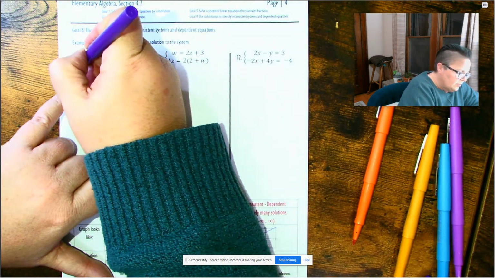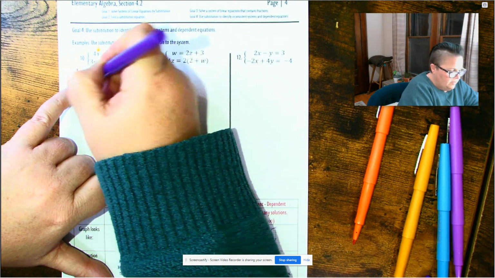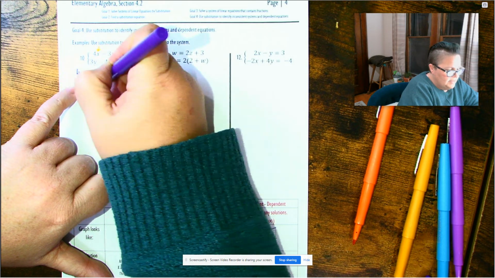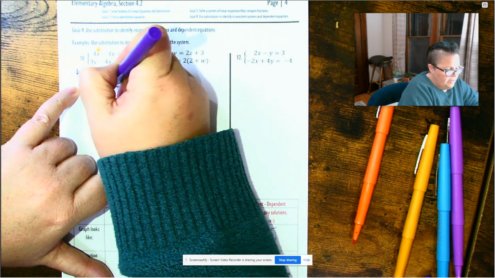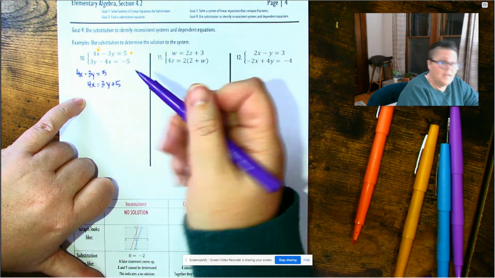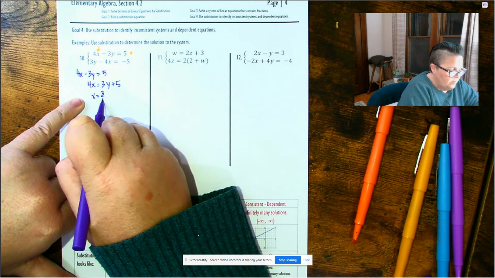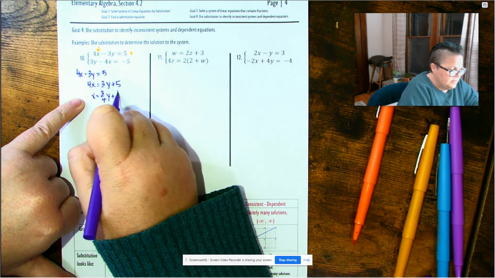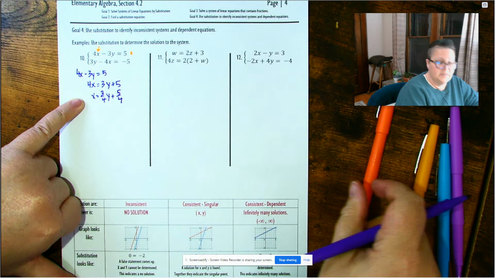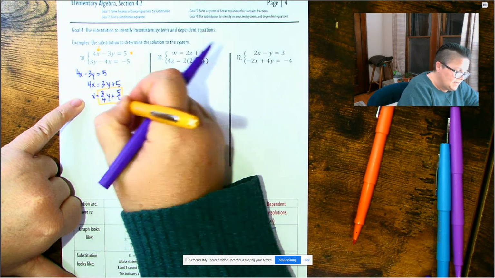So that's going to give me 4x minus 3y is equal to 5, or 4x is 3y plus 5, adding 3y to both sides. Now I'm going to divide everything by 4. So x would be 3/4 y plus 5/4. This is not pretty, but I'm going to take this.